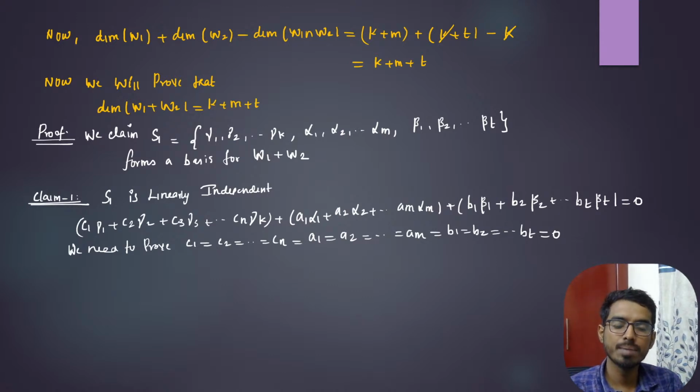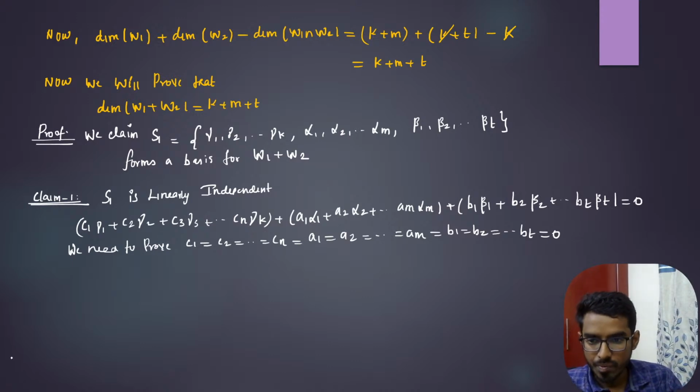These are vectors, and I'm just multiplying them by scalars C1, C2, C3 up to Ck, A1, A2, A3 up to Am, B1, B2, B3 up to Bt. I need to show that if this combination is zero then all these scalars are 0, and then I can say that this set is linearly independent. So we will show that. Write it down and then I'll explain.